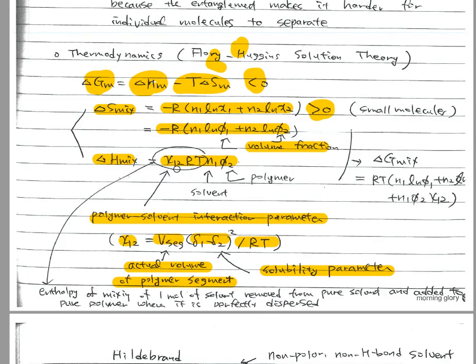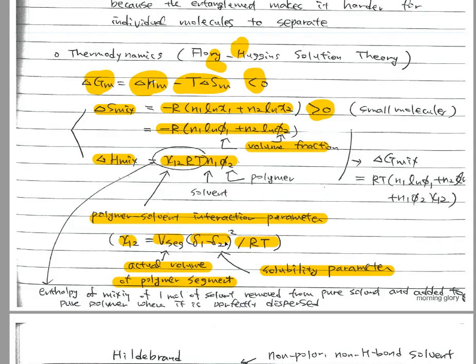Which means that if chi, the solvent-polymer interaction parameter, is small, then this delta H will be small and overall delta G will be negative. Okay, and this chi12 is small, which means that this is positive, like volume, right?